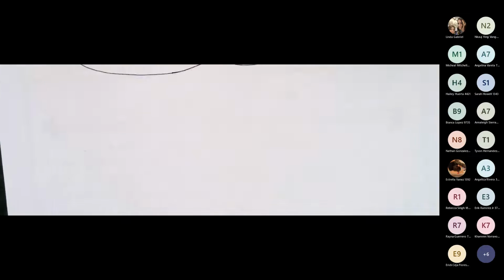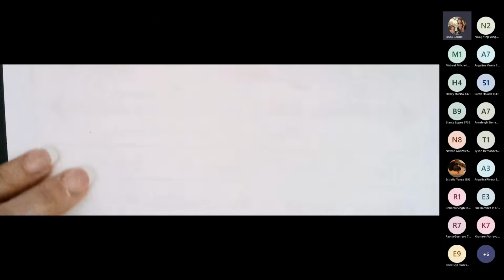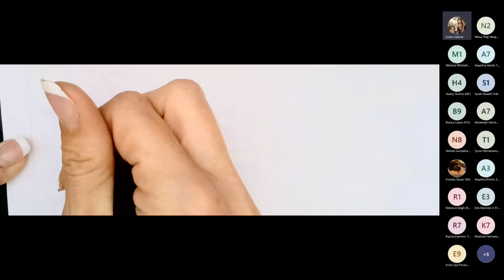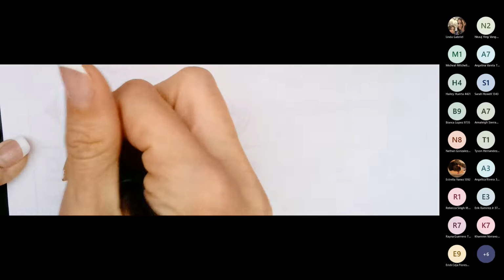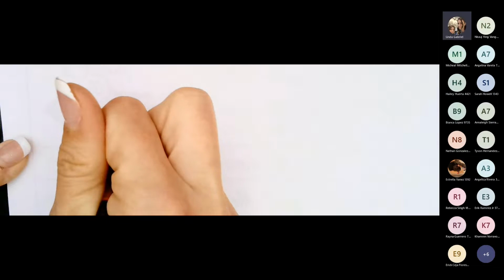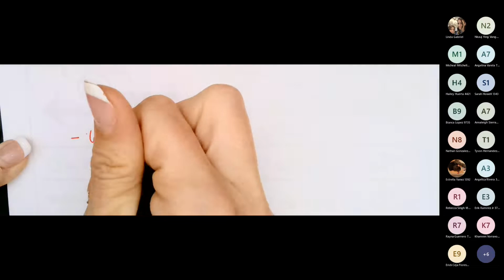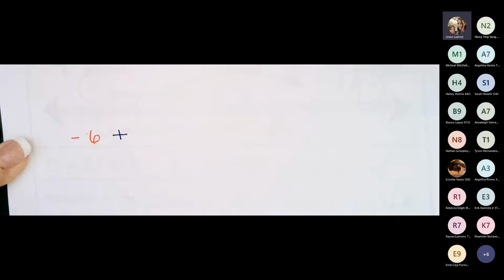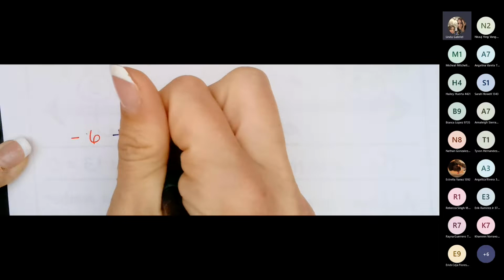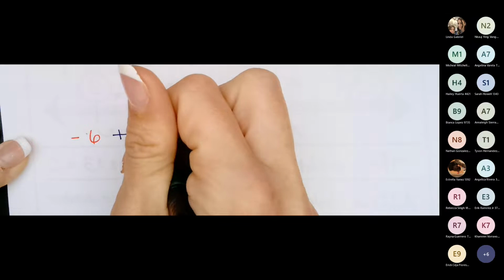Okay, do another one. And you can answer in the chat, but I'm going to work all the way through this one too, just so for anyone who's not understanding, they can see the work being done. All right, let's say I have negative 6 plus, let's do positive 4.